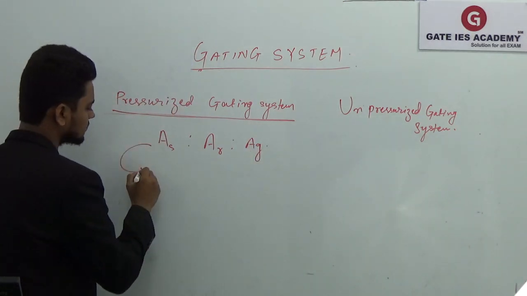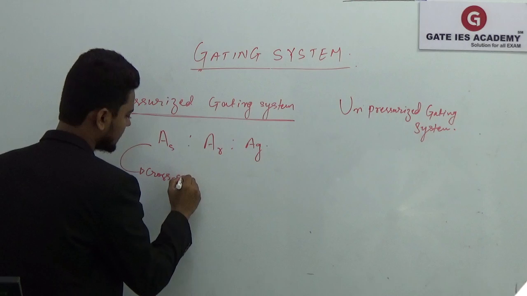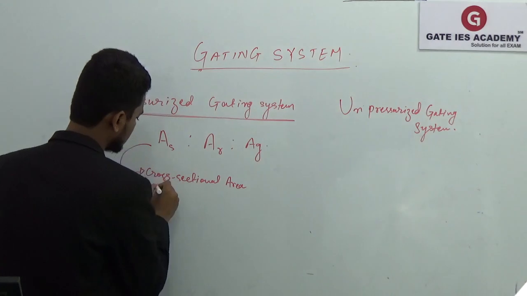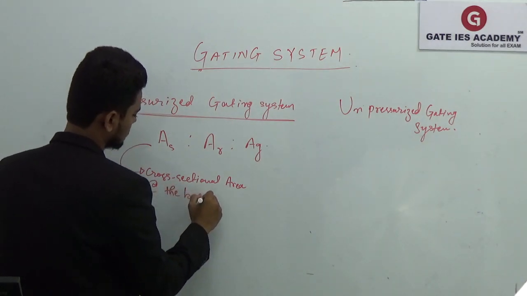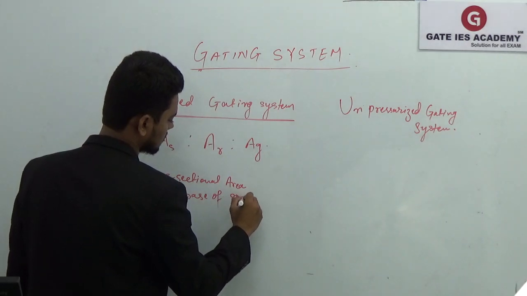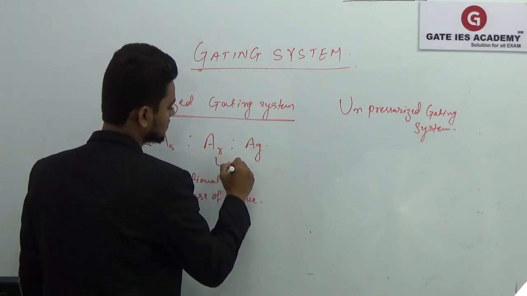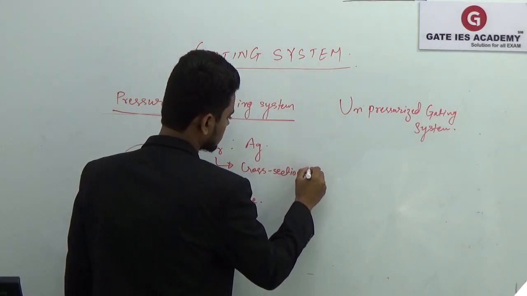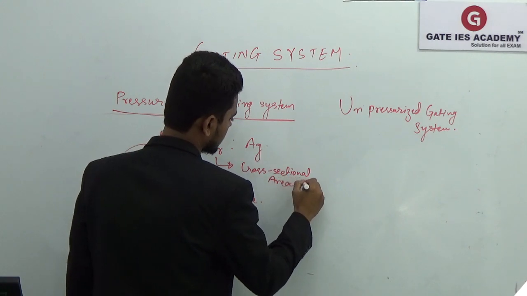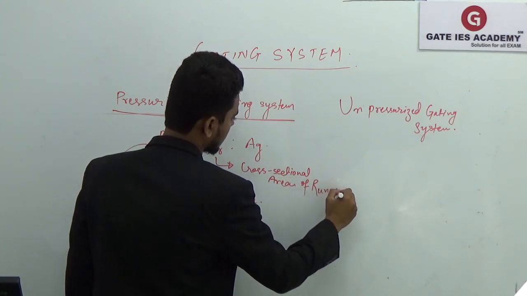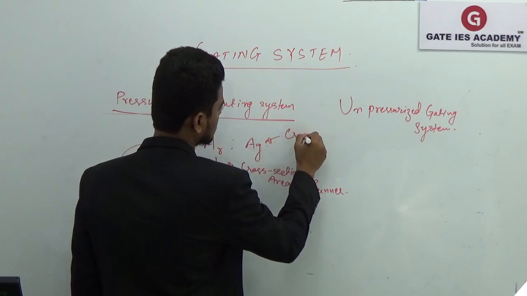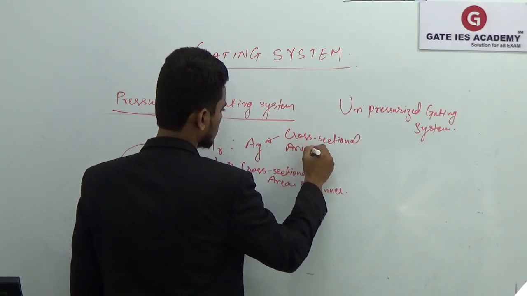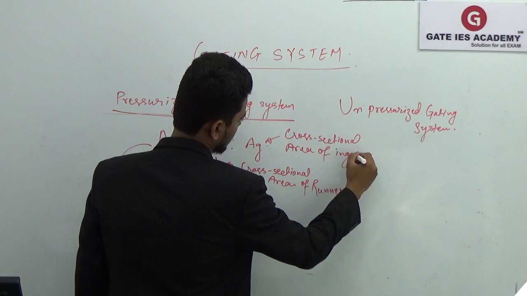Where AS is the cross-sectional area at the base of your sprue, AR is the cross-sectional area of the runner, and AG is the cross-sectional area of the ingate.